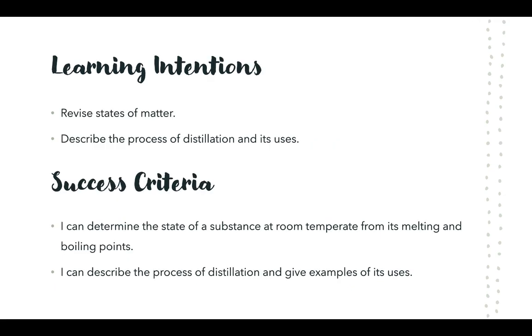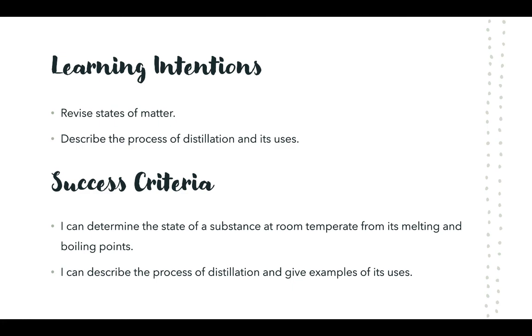So let's summarise our learning intentions. Our learning intentions were to revise the states of matter, we've gone over that already, and describe the process of distillation and its uses. We've talked about how distillation works.